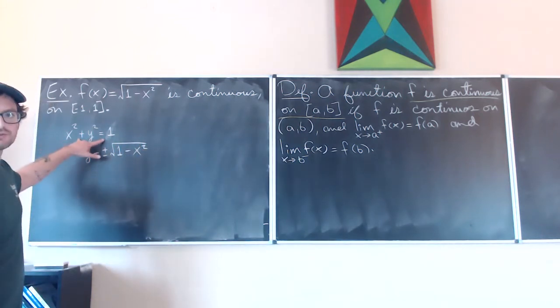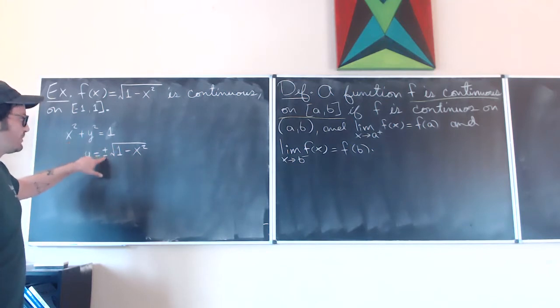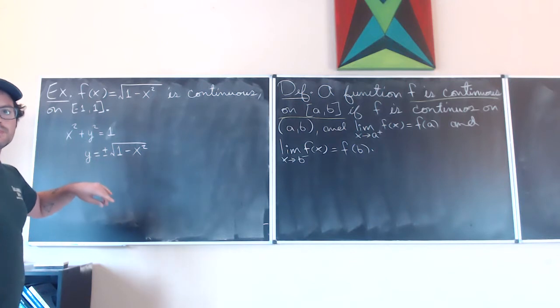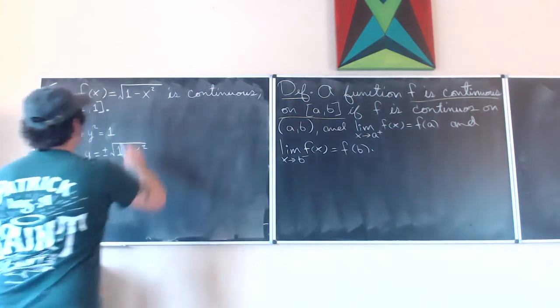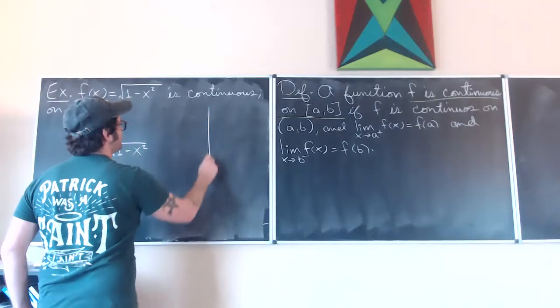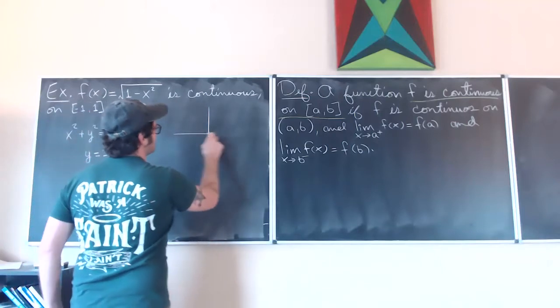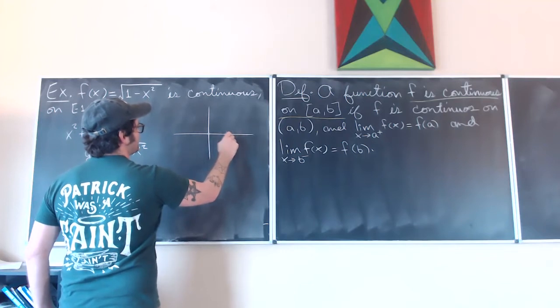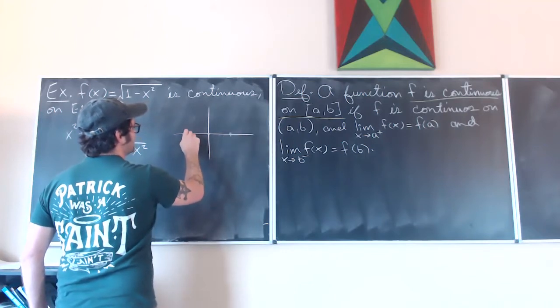So if that's a circle, the plus and the minus of this are half circles. So the graph of this function looks like this. On that closed interval, it's just, so here's like 1, here's -1.